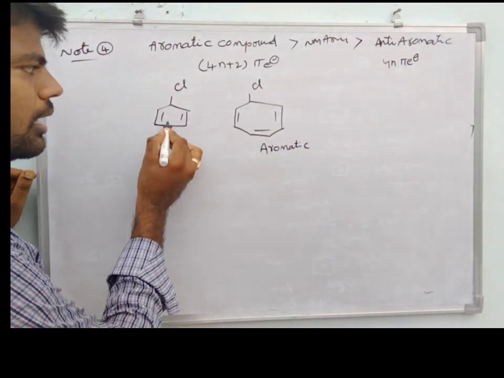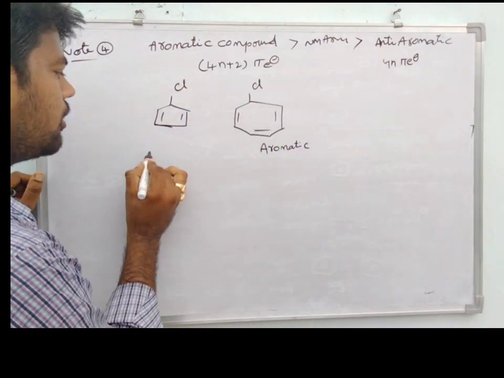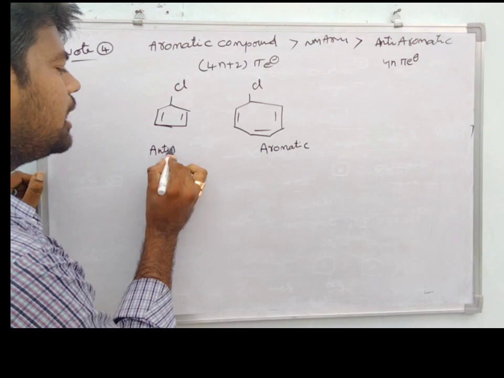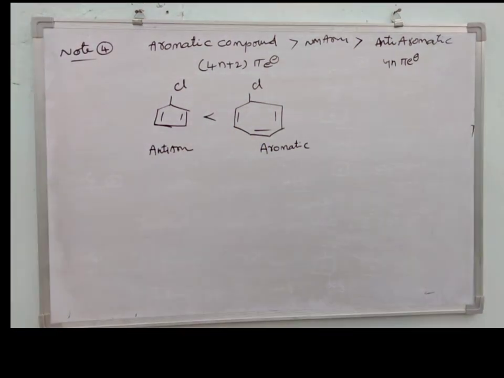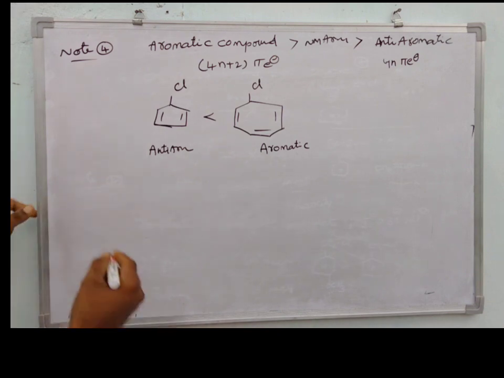This is having 4n pi electrons. Therefore, it belongs to an anti-aromatic compound. Therefore, the aromatic one always undergoes the SN1 mechanism very fast.